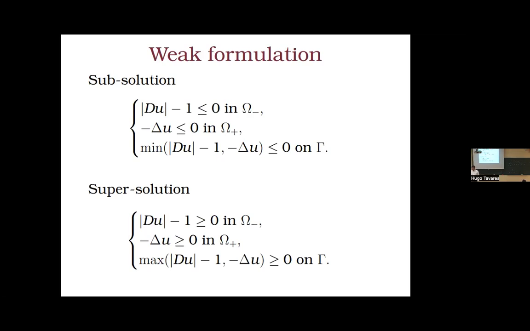There are many things that could satisfy these equations, no? So what is the weakest definition? Well, you still have an eikonal equation on the eikonal region, the Laplace equation on the Brownian region, and on the interface you have to satisfy one or the other.